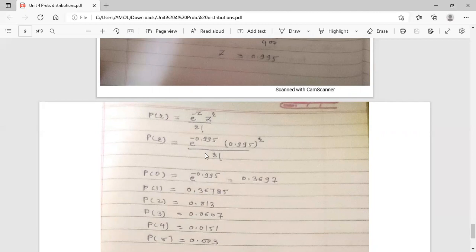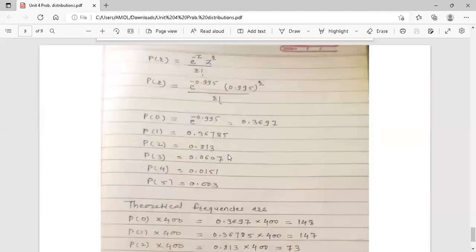In this formula, put r is equal to 1 and calculate the value. This probability is 0.36785. Then put r is equal to 2 in the same formula and calculate the value. Put r is equal to 3, 4, 5 in the formula and calculate the values. So these are the probabilities at x is equal to 0, 1, 2, 3, 4, 5.